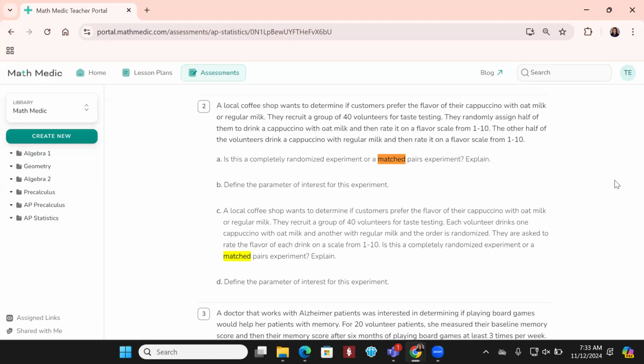Running that experiment would suck, yes, because you've got to remember which one you gave them first. So it'd be kind of like a hot mess.